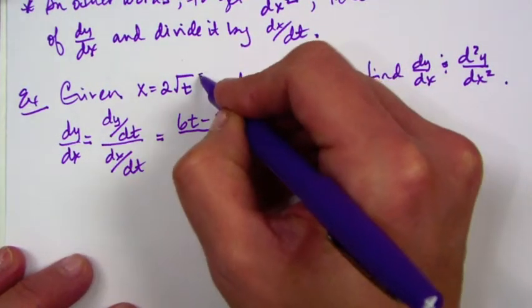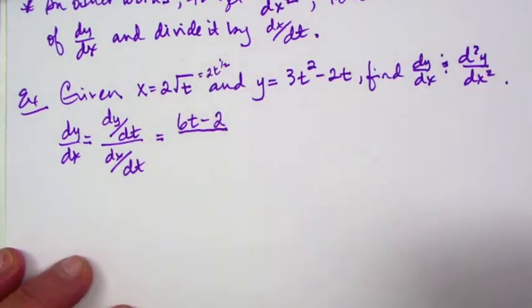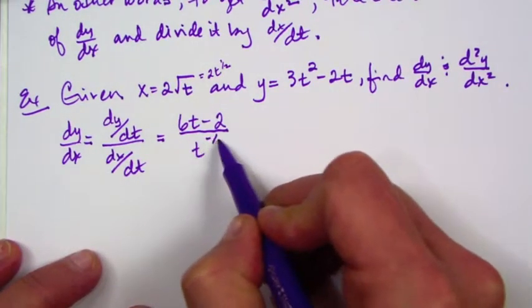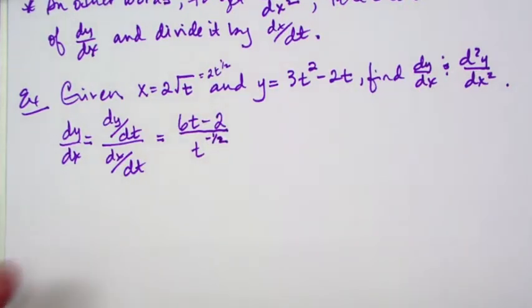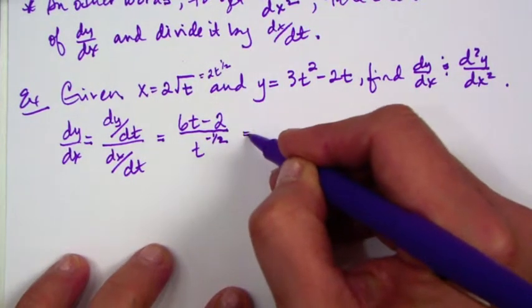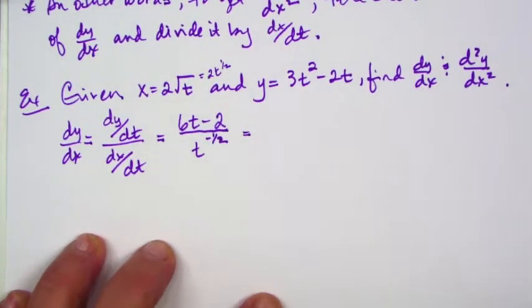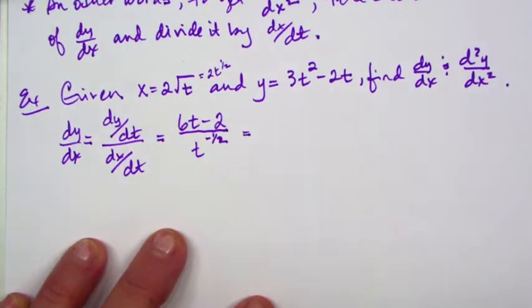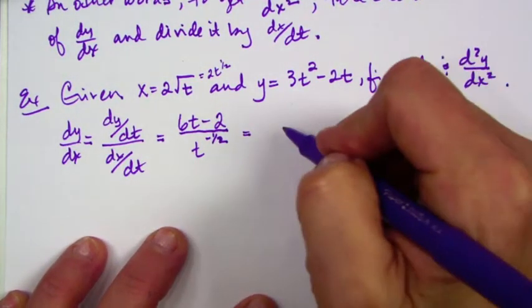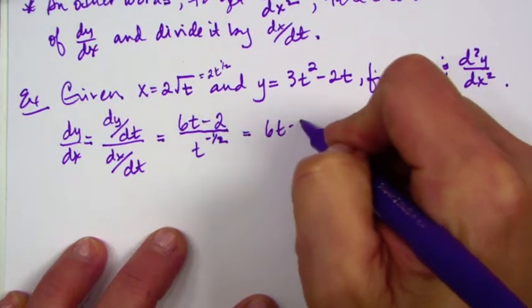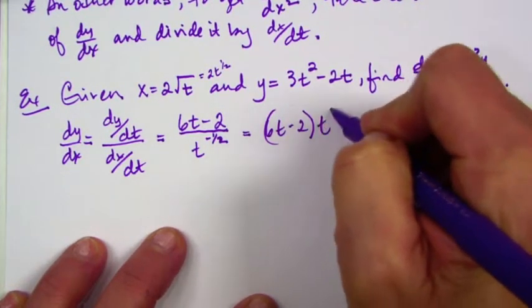And 2 square root of t, remember, is the same as 2t to the 1/2, so its derivative is t to the negative 1/2. If I know I'm going to have to take the second derivative of this, I would clean that up a little bit, right? How do you guys want to clean that up? I could move the t to the 1/2 to the top. This is 6t minus 2 times t to the 1/2.